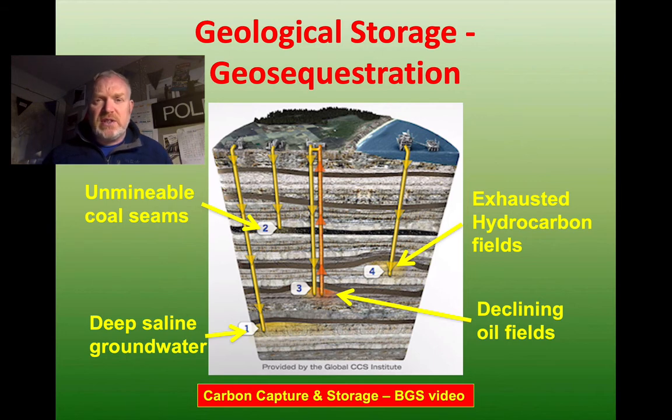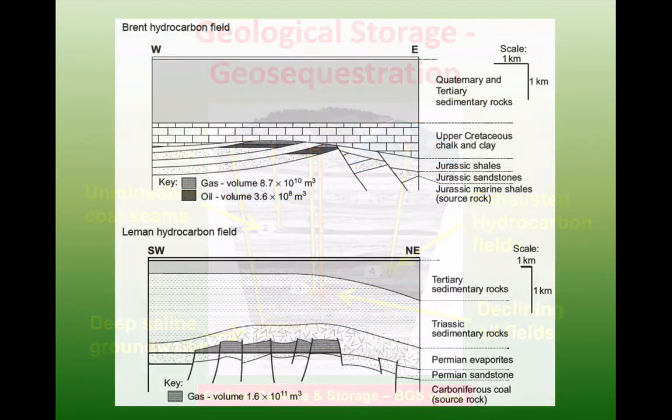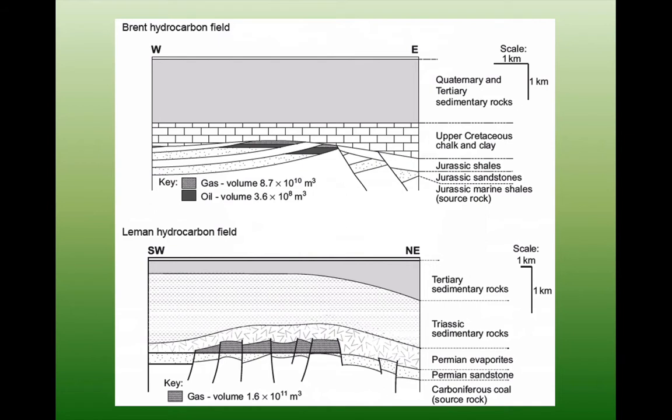It'll be too salty for us to use, and also too deep to be worth pumping out. Pumping carbon gases to be dissolved in that groundwater will also be another effective store for them. So we've got these different types of settings. Let's look at an example of where these things could be put.